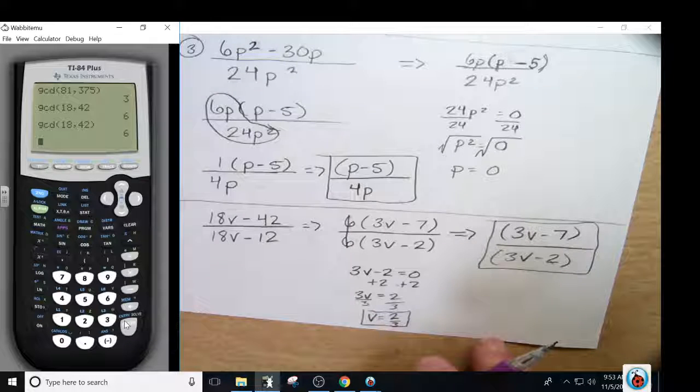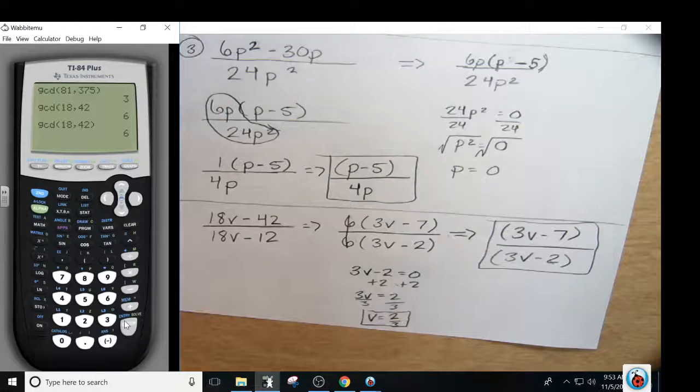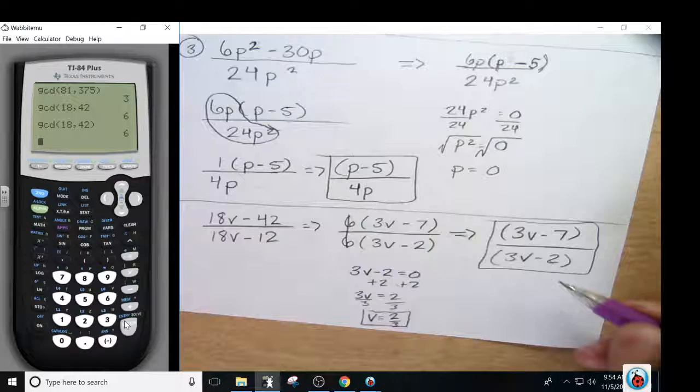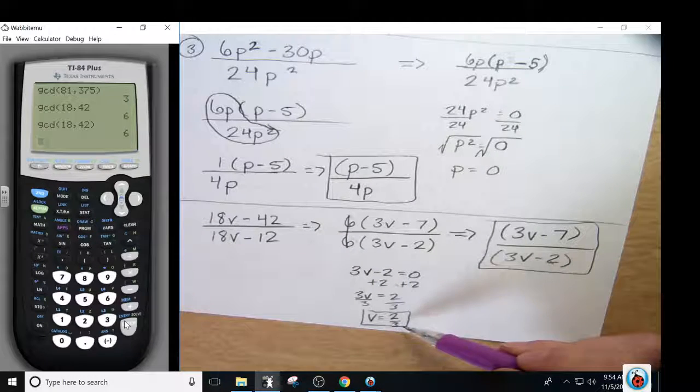Let's look at number 9 because it's a little more to it. Yes, this is your simplified version. That's your excluded values.